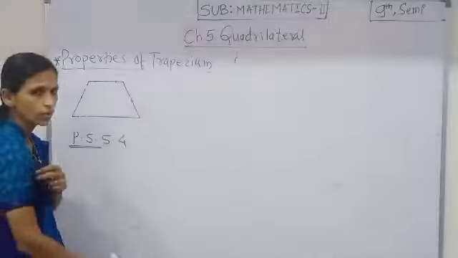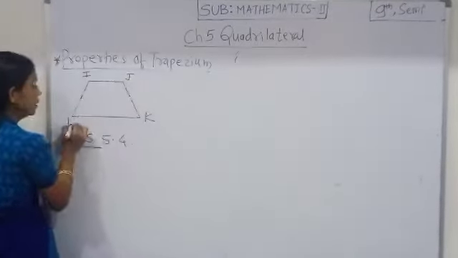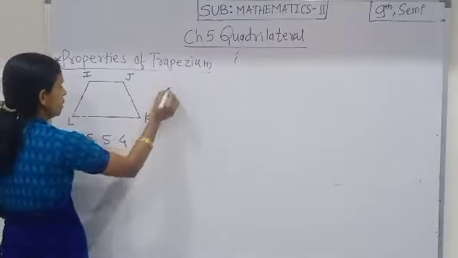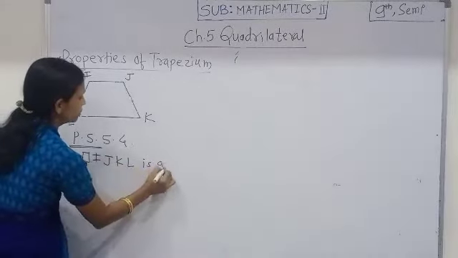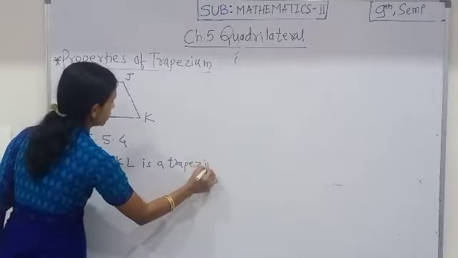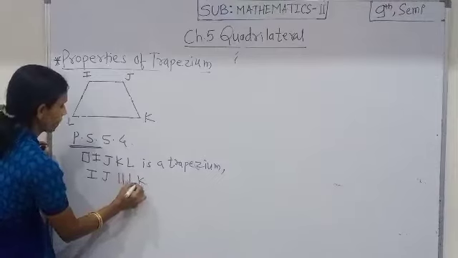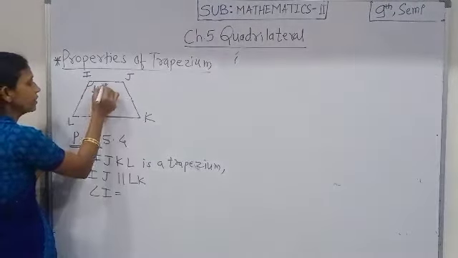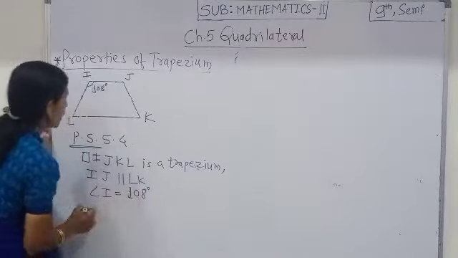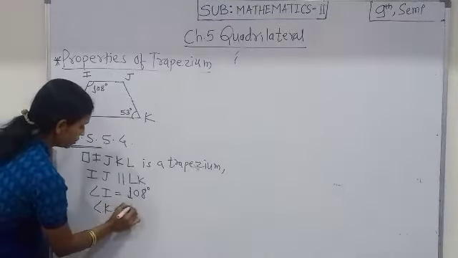That is here, quadrilateral IJKL is a trapezium in which IJ is parallel to LK, and angle I is 108 degrees, and angle K is 53 degrees.